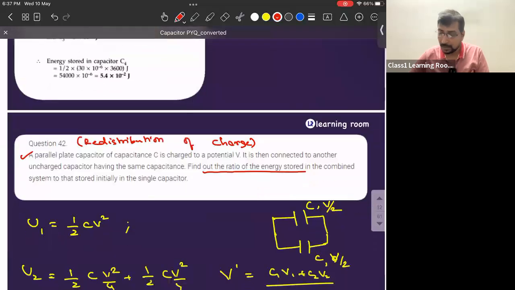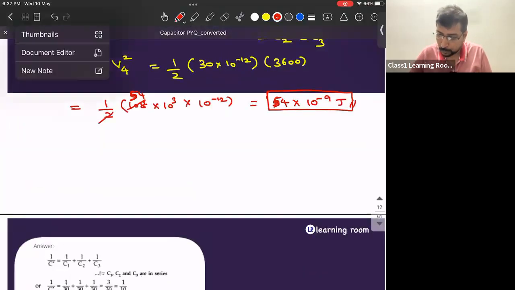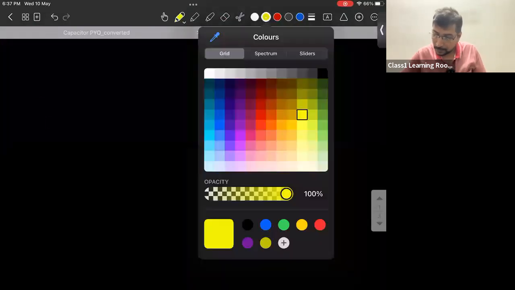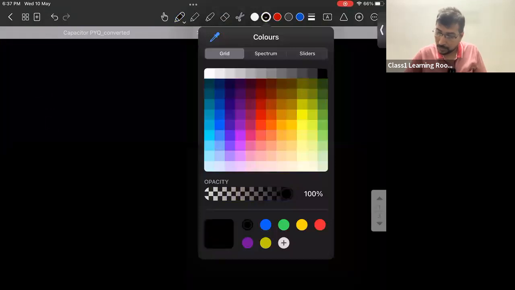If it doesn't divide equally, then what we are supposed to do is, see. Suppose in your exam, let's say this question is coming in a different way.